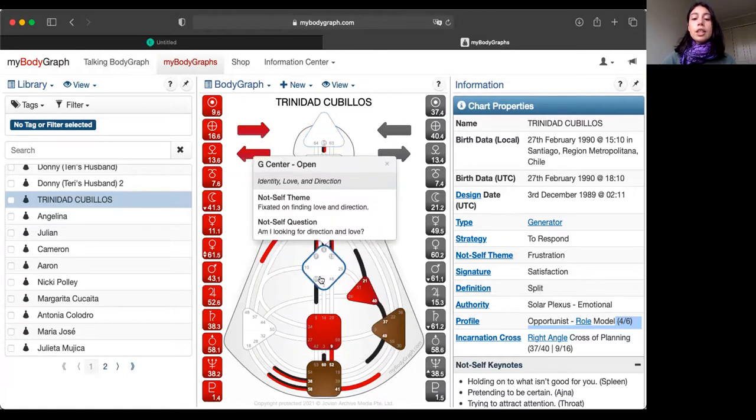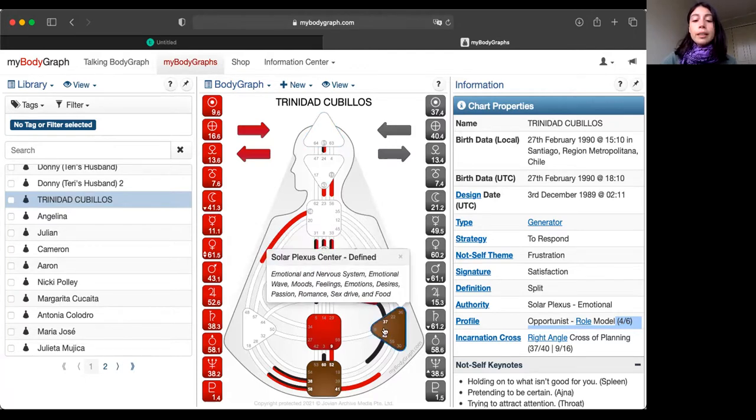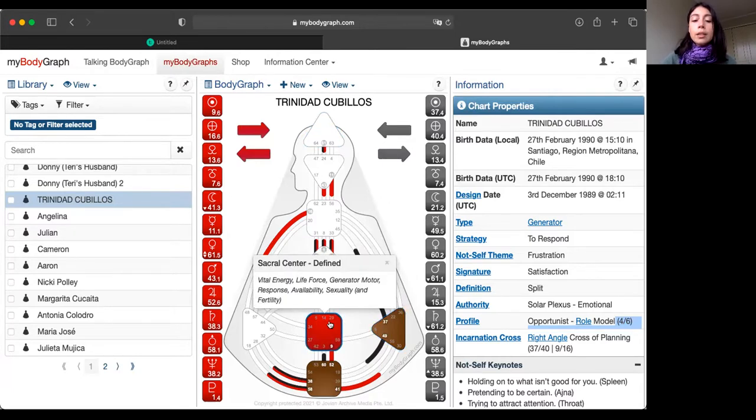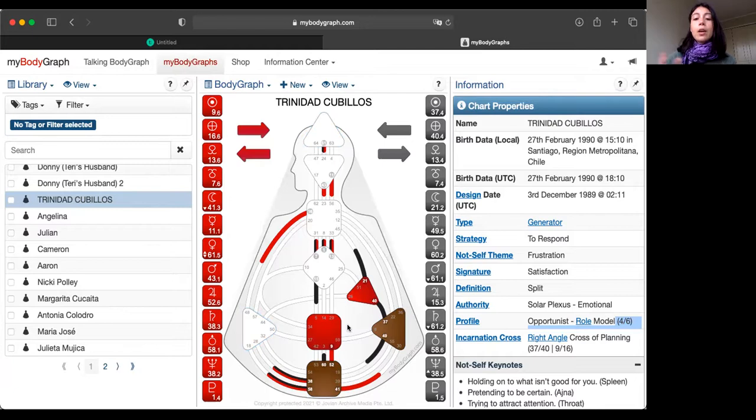This is the G center, and sometimes we call it the center of the self interchangeably. The heart center, sometimes called the ego center as well. The solar plexus, or sometimes called emotional center. The sacral, 2 ways of pronouncing it, the root center, and then this is the spleen. Okay, so those are the centers, and they correspond to the Hindu chakra system.